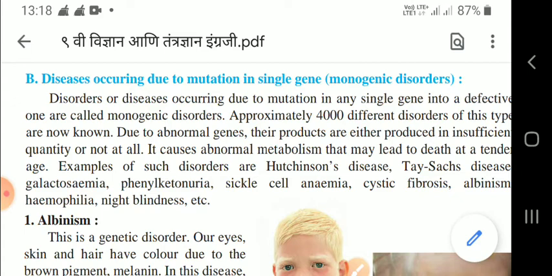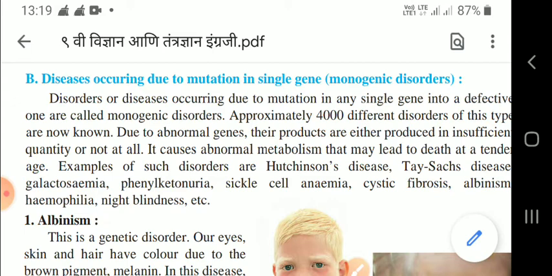For example, some examples of disorders are given here, such as Huntington's disease. What is Huntington's disease? A progressive breakdown of nerve cells in the brain is called Huntington's disease. Then Tay-Sachs, that means hereditary disorder affecting the exocrine glands, that is called Tay-Sachs disease. Then galactosemia. Galactosemia is a genetic metabolic disorder. Then phenylketonuria.